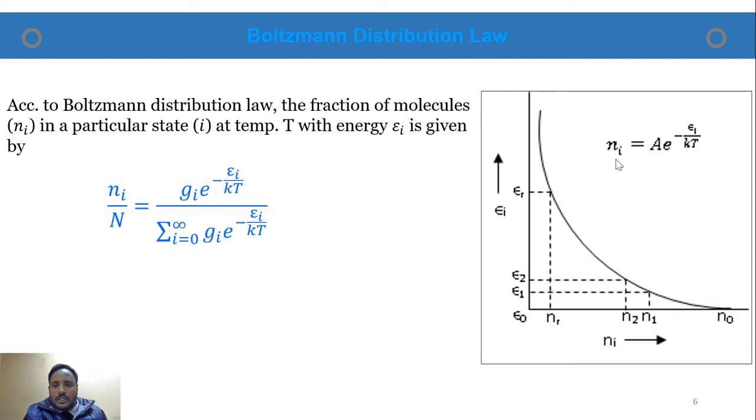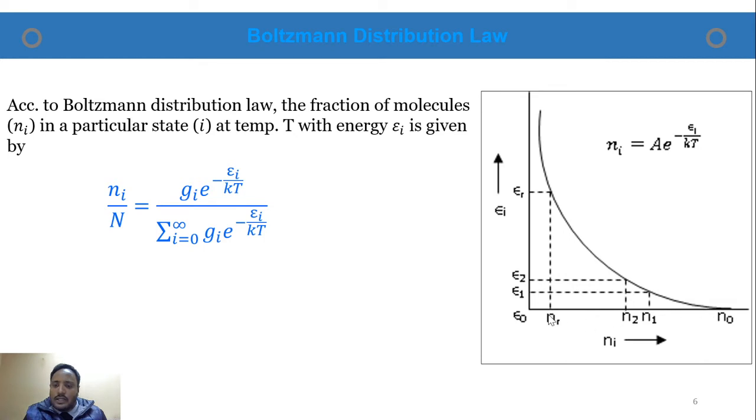Also from the Boltzmann distribution one can find this relation between the number of particles and the energy, that is Ni related to energy Ei. This relation is an exponential decay sort of curve, where we can see that as the energy of the system decreases, the number of particles increases.